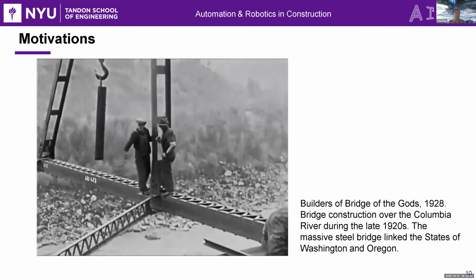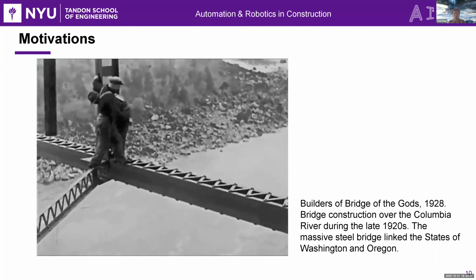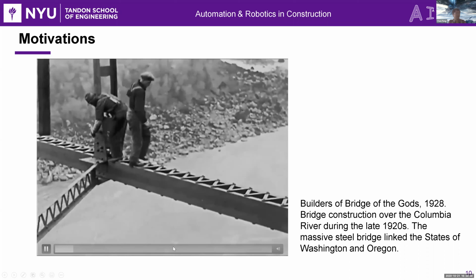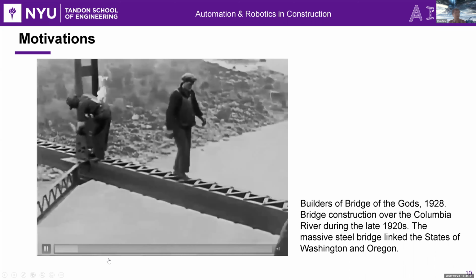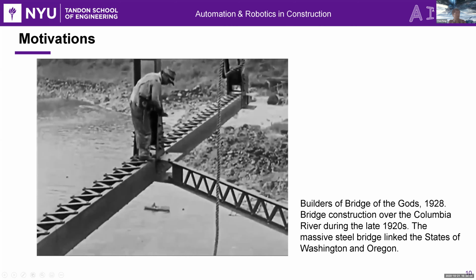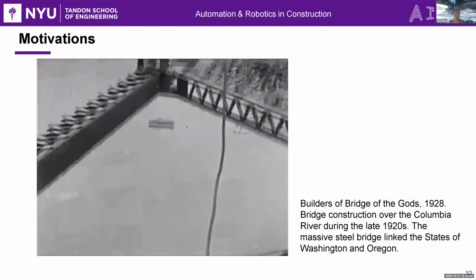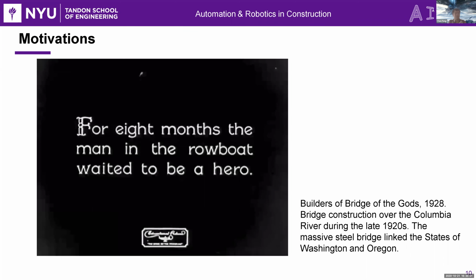Safety is one of the number one motivations for researchers and industry to look into this area. So we saw previously the GE building photo, where construction workers need to work, from time to time, in a very harsh or very dangerous environment.